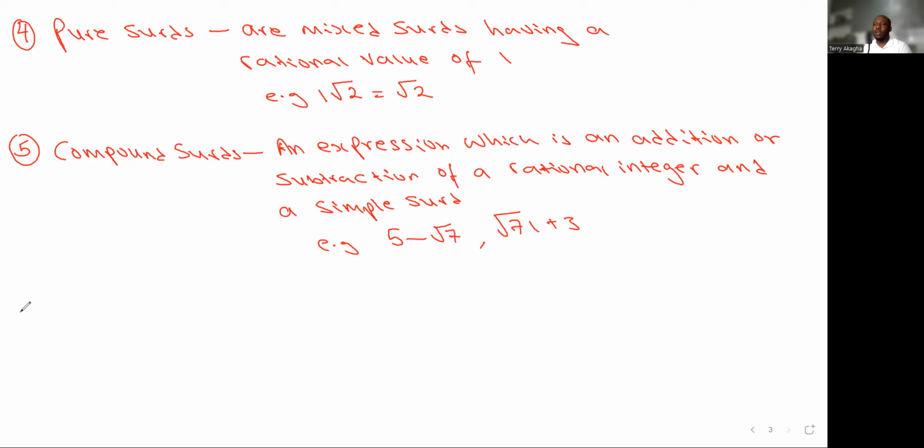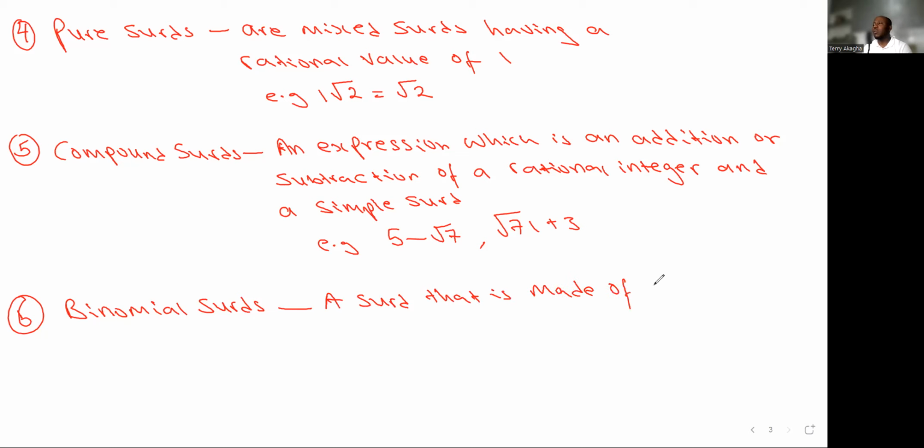And the last one I'm going to just throw in here is what we call the binomial surds. Now, binomial surds are surds that are made up of 2 other surds.